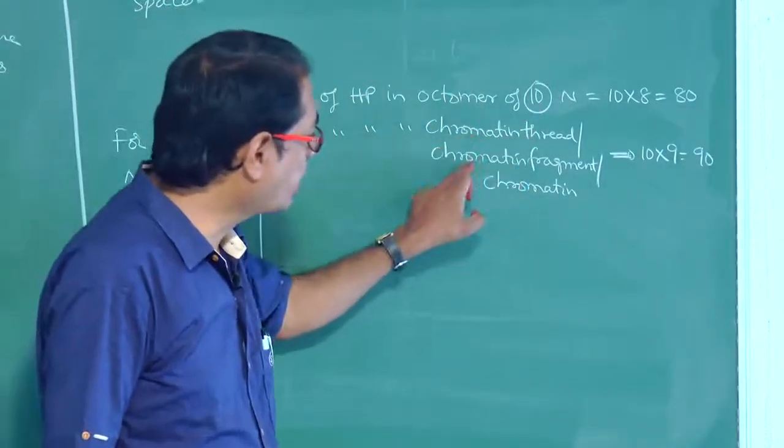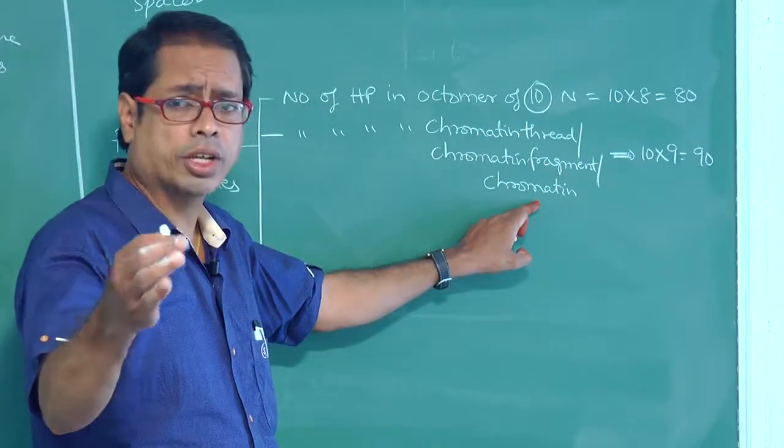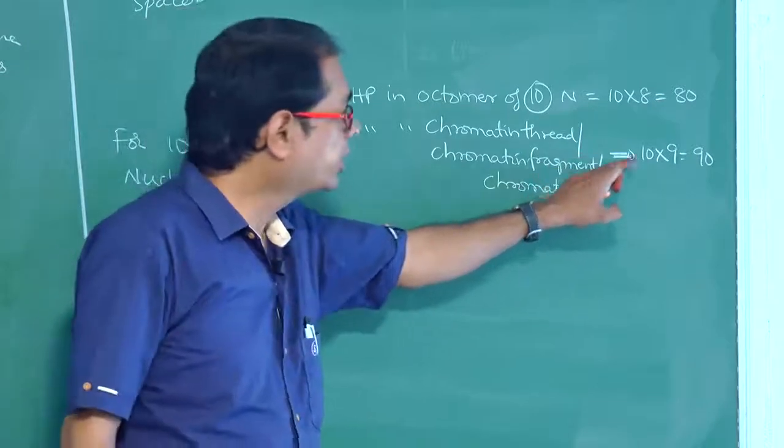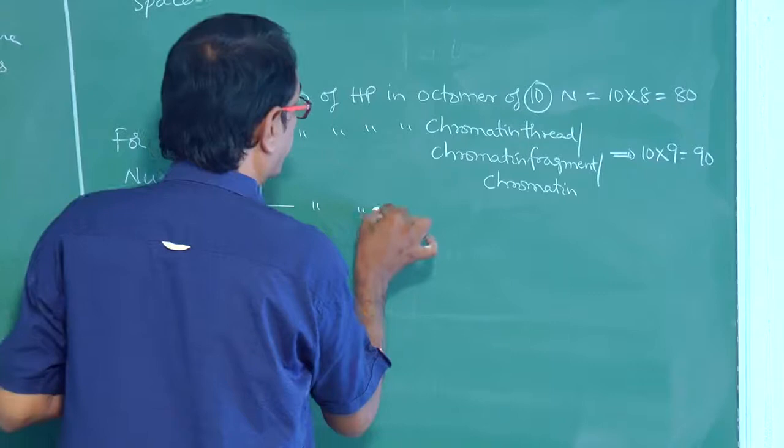Chromatin thread, chromatin fragment or chromatin means the outside H1 histone protein is also calculated. 10 into 9.